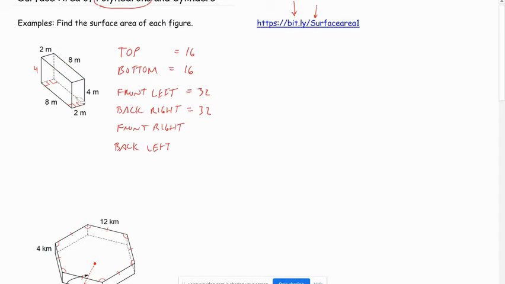Then the front right, this rectangle, has an area of 8. 2 times 4 is 8. And the back left is also 8. Now we're ready to add all of those up.